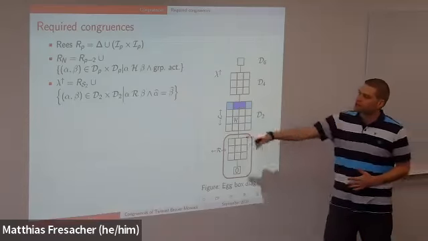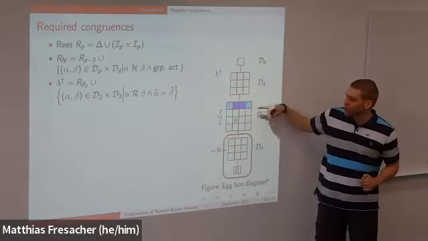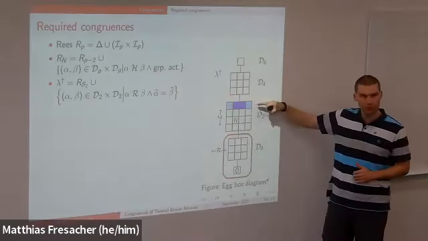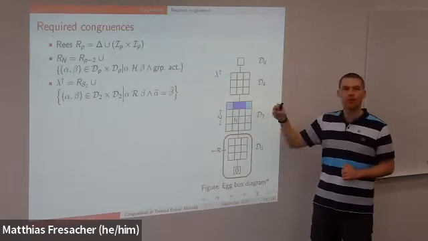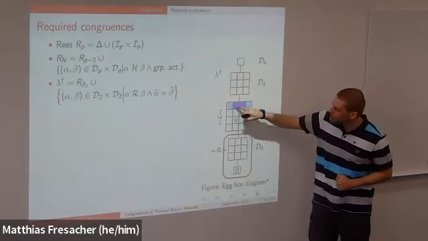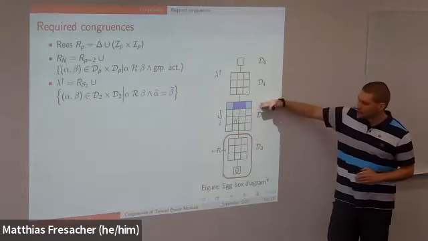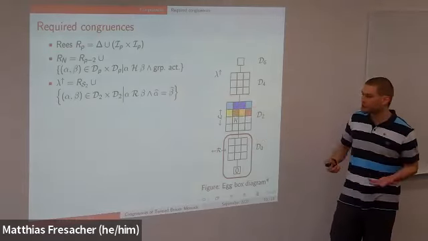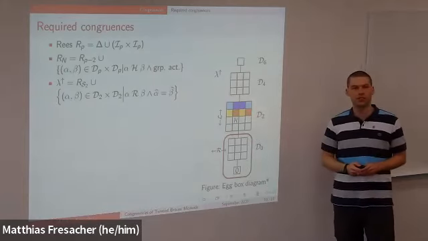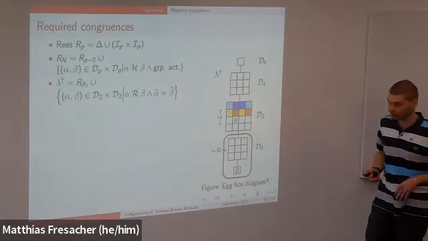But then we have the additional option that if things are R-related, so within the same row, if their hats are the same, they're also identified. So that may be that some H classes get identified with other H classes in the same row.